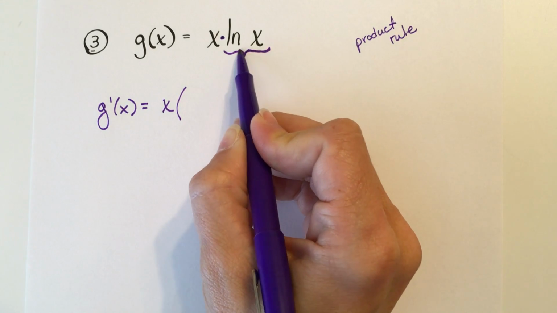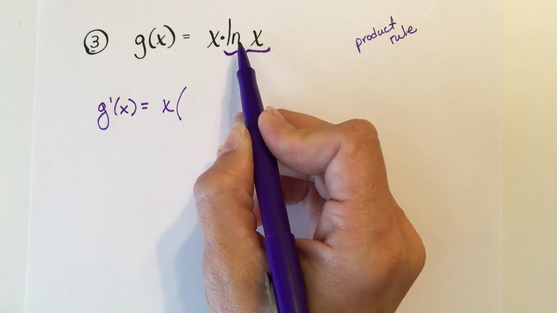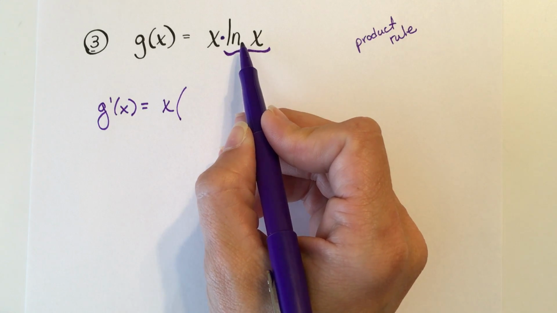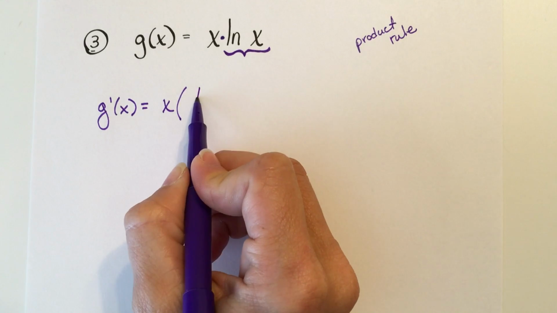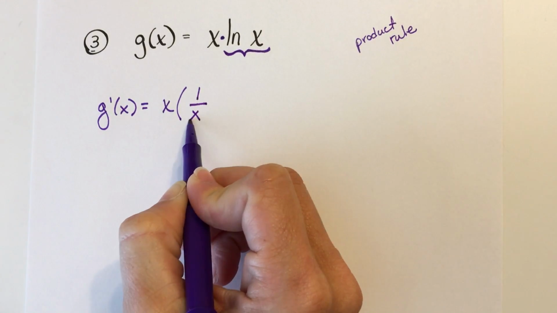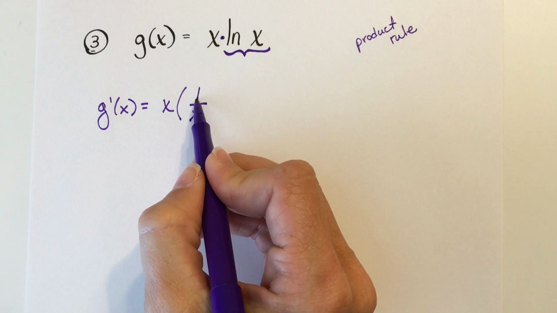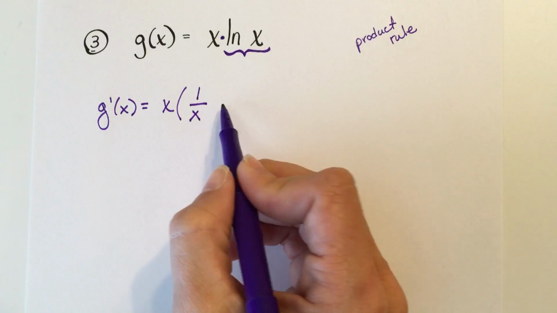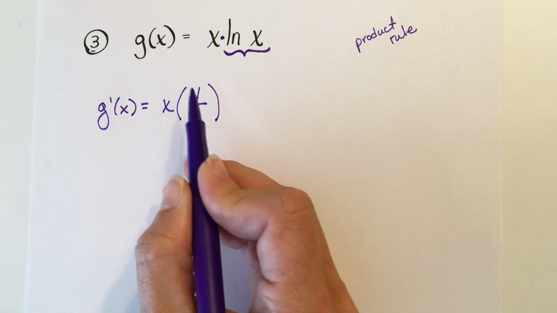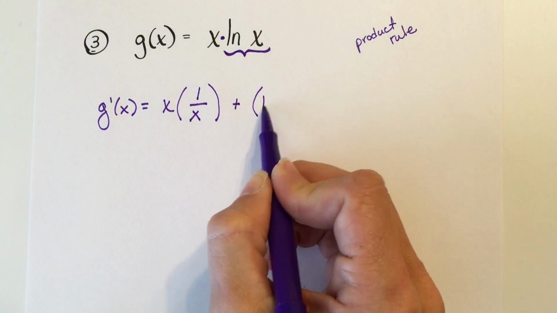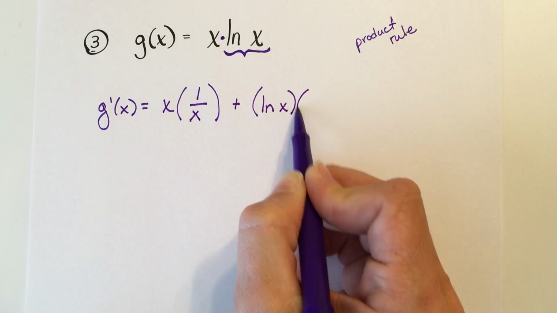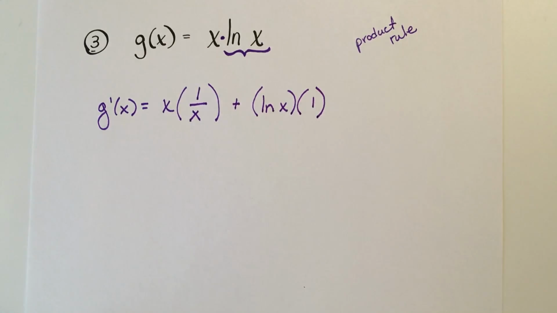Okay, so this is where your new rule comes in because your second function is a natural log. So the derivative for the natural log of x would be u prime over u. So the derivative of x is 1, and then you put it over x. So first function, derivative of second function, plus second function times the derivative of the first function.